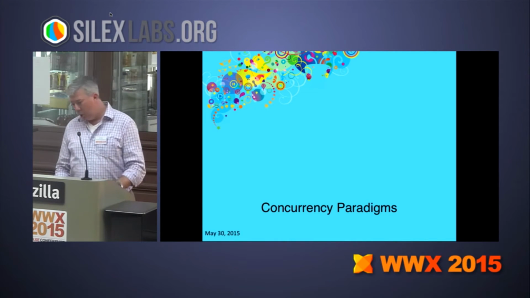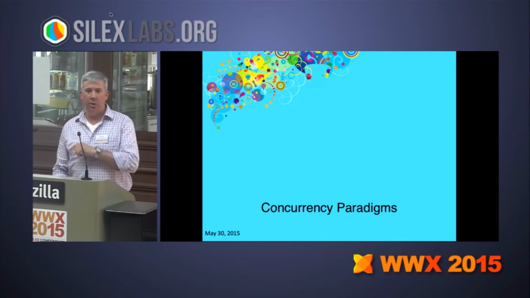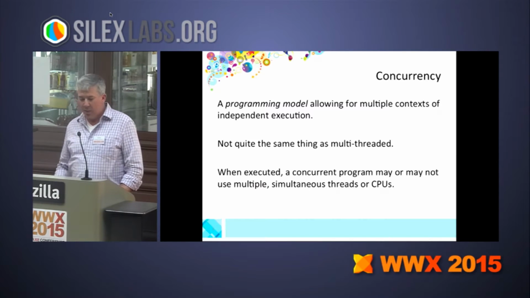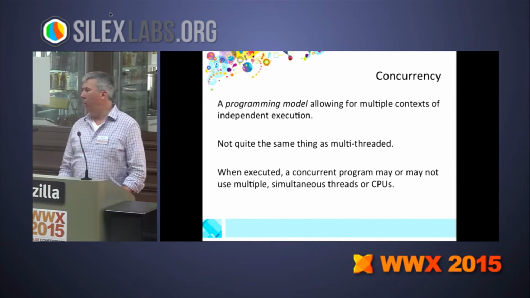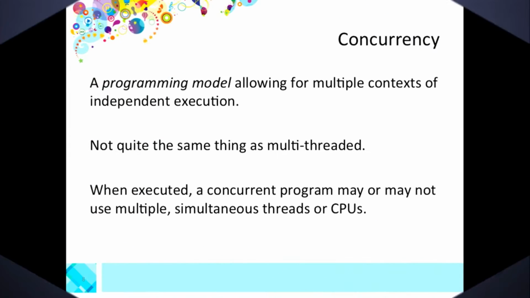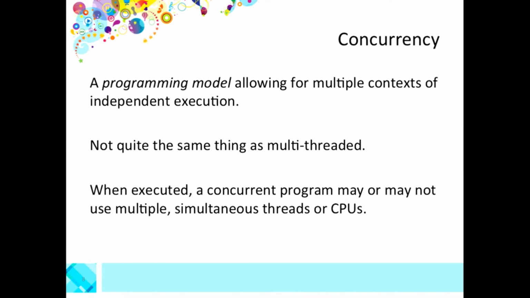So I keep saying concurrent. What do I mean by concurrent? So I'll take a step back and explain what I think that means. When I talk about concurrency, I'm talking about a programming model, not so much the implementation or the instantiation of your code when it's running or delivered to a platform, but more, how do you think about building the functionality that you're trying to build?